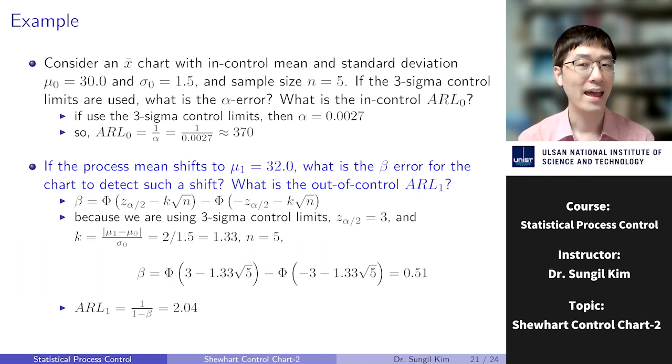Since alpha, n, and k are given, we just plug them into the formula of the beta function. Then we obtain the value of beta to be 0.51. Since ARL1 equals 1 over 1 minus beta, ARL1 is 2.04.